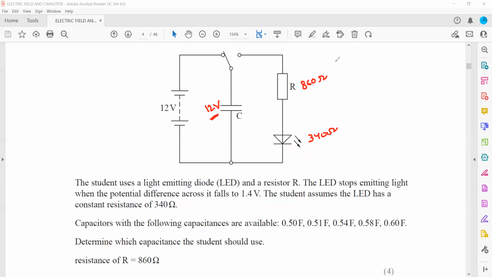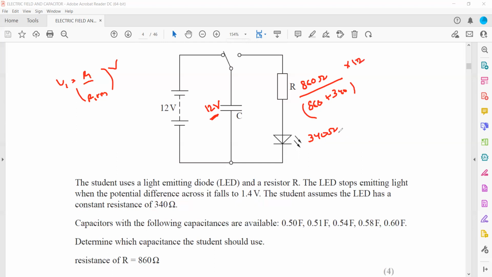How do we work it out? We can use the potential divider formula: V1 equals R1 divided by R1 plus R2, multiplied by the combined voltage V. So for the resistor, that is 860 divided by 860 plus 340, multiplied by the combined voltage 12.